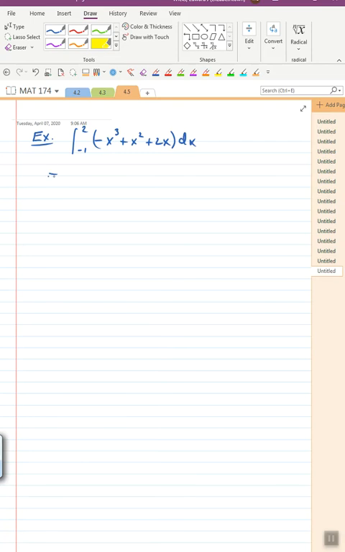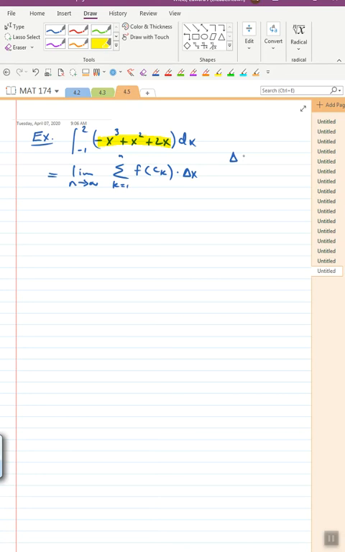By definition, this definite integral is the limit as n goes to infinity of the Riemann sum, k equals 1 to n, of f, which is this function, at some set of selected points times delta x.